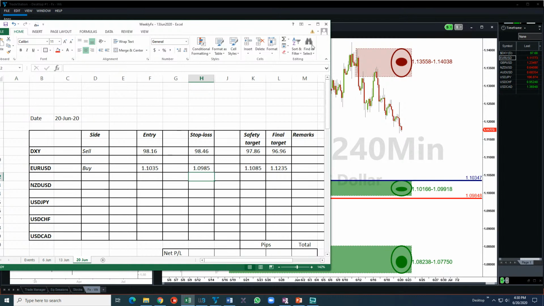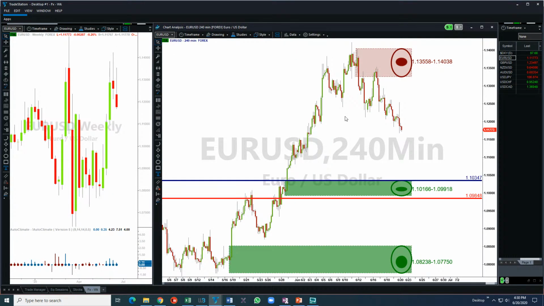Another interesting aspect of the weekly analysis that we're doing at this point is the likely movement, or what we're expecting to see in the markets.